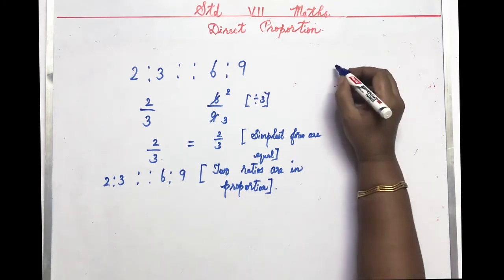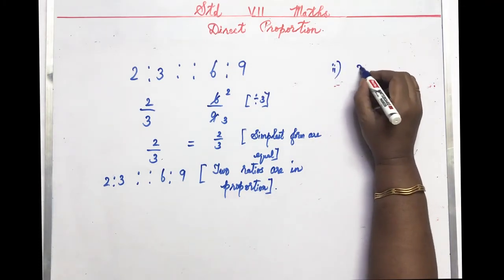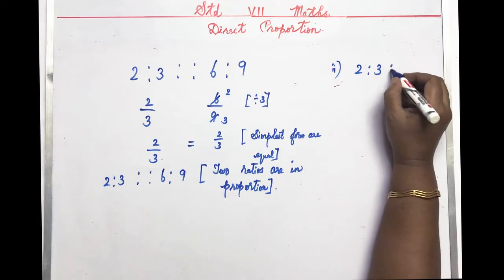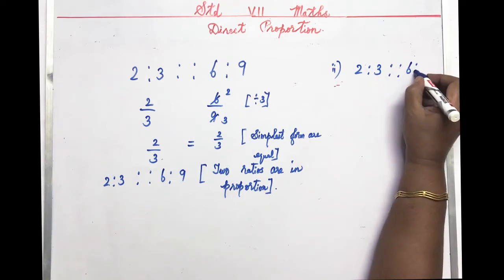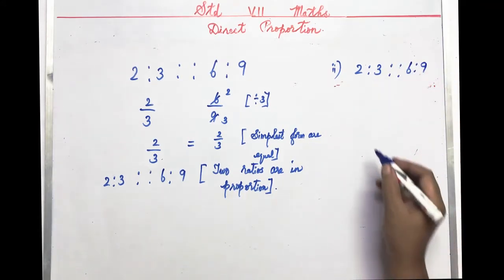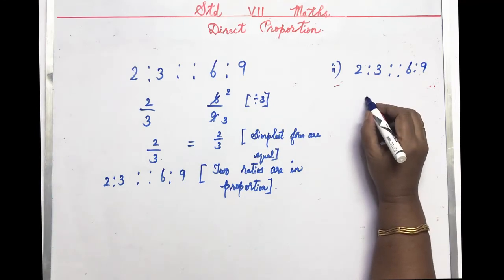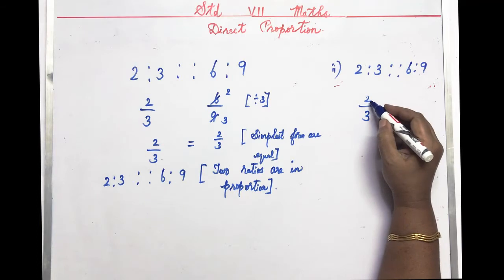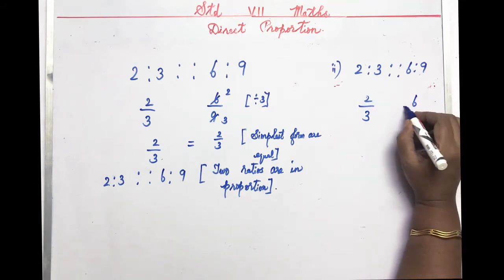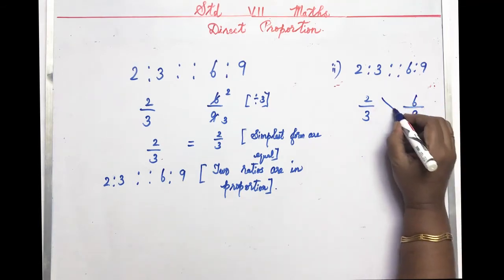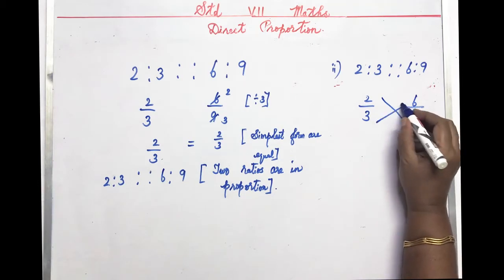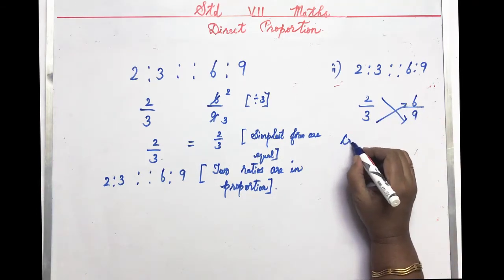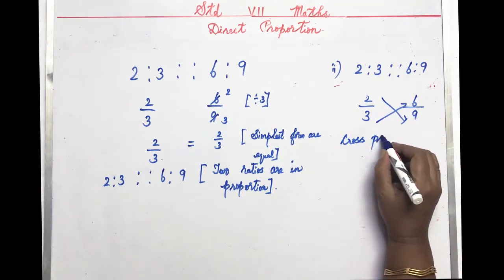Now next method is, 2:3, 6:9. Already told you, this can be written as fraction. So 2/3, 6/9. Now we have to find out the cross product. This is called as cross product rule.